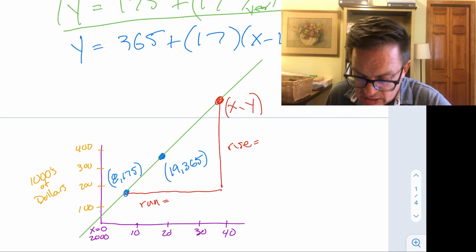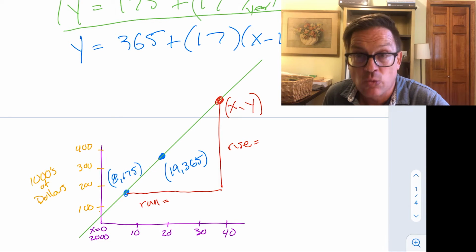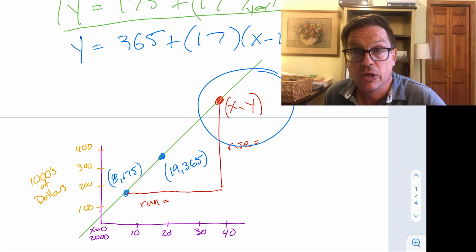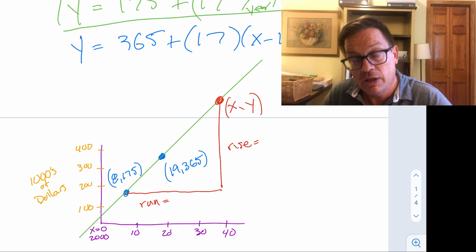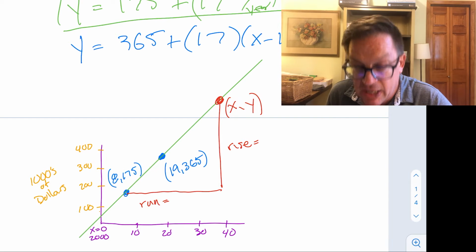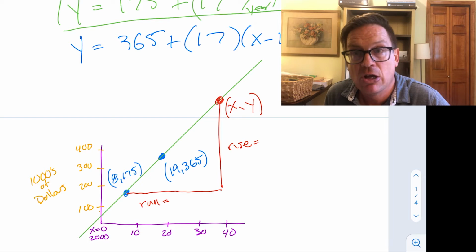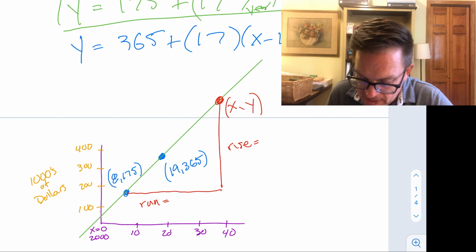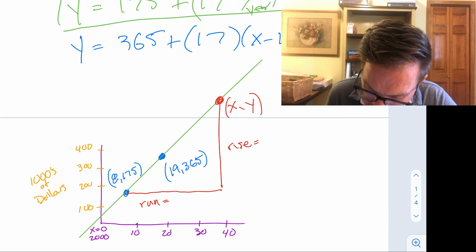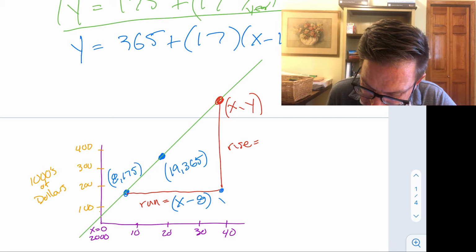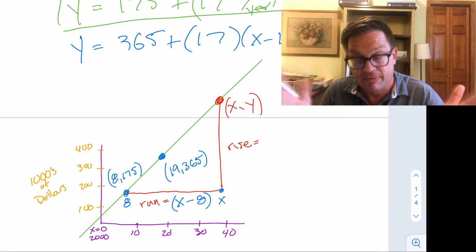It's really just, I want to find some other point x, y on my model, and for any point that lies on that line, I know that the rise over run from the point 8, 175 should be 17, should be my slope. So my run is x minus 8. If this is x, this is 8, my run is the difference between those.